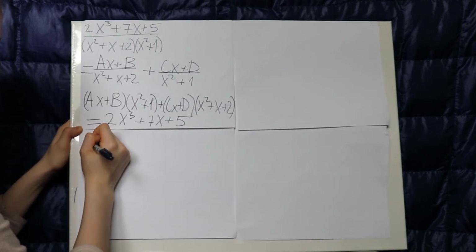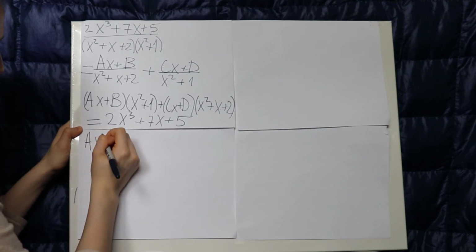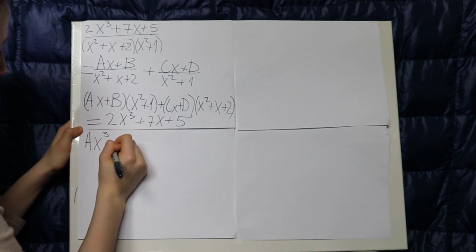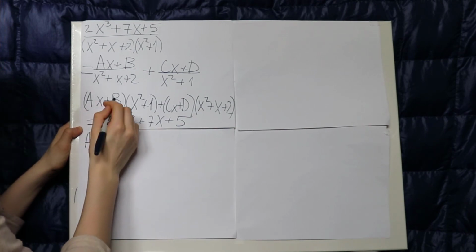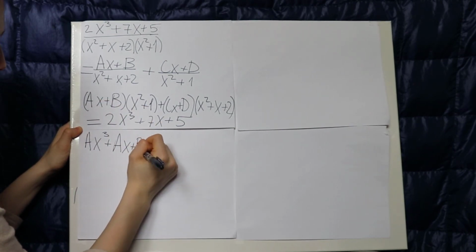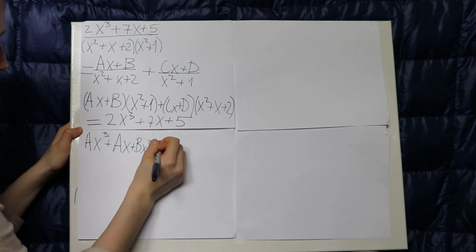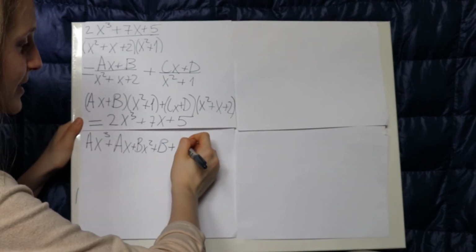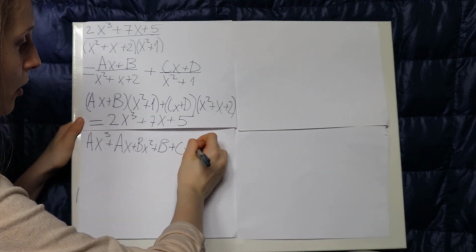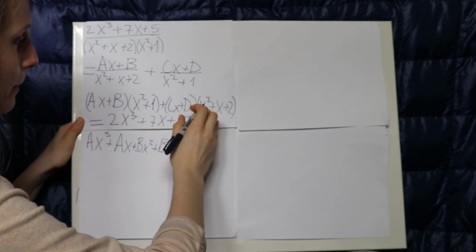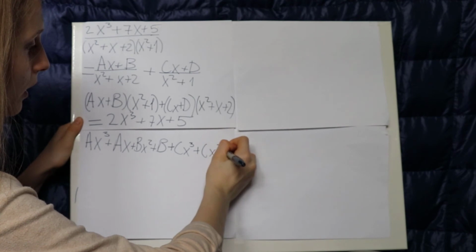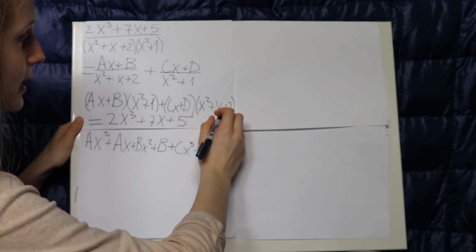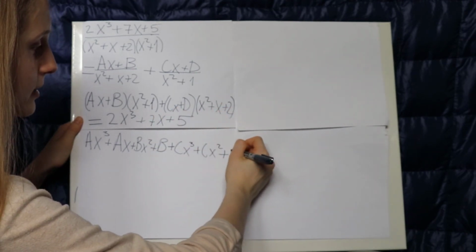So we would have Ax to the third plus Ax plus Bx squared plus B plus Cx to the third plus Cx squared plus 2Cx.